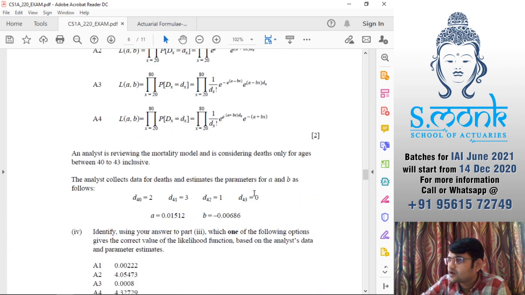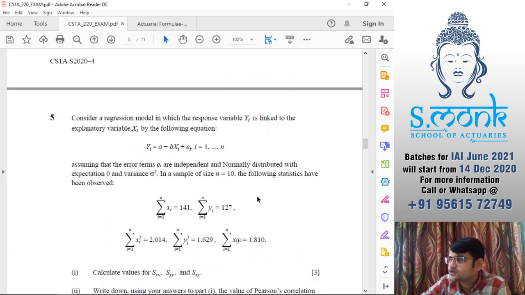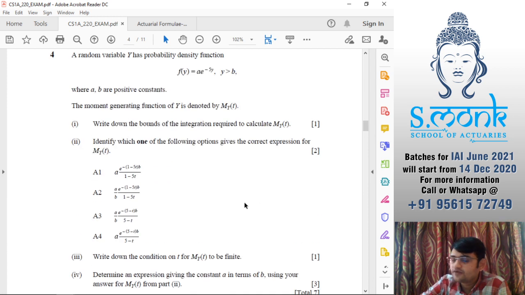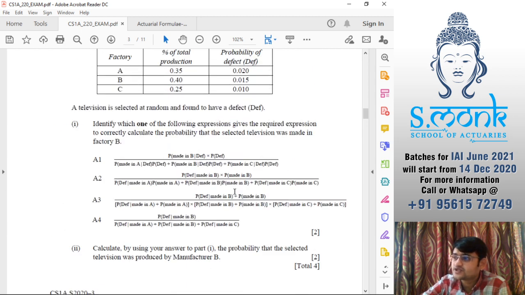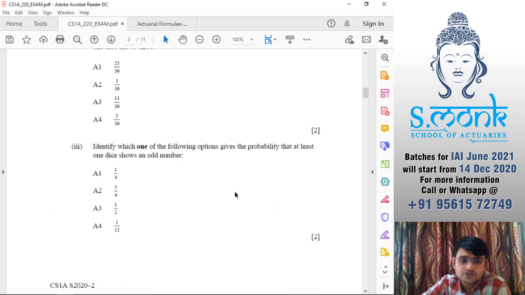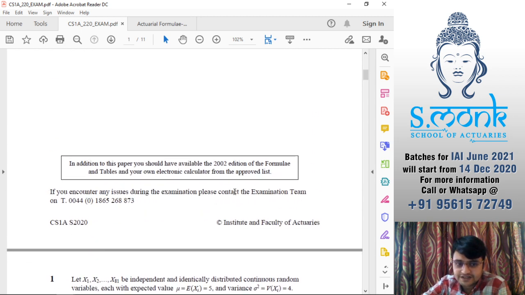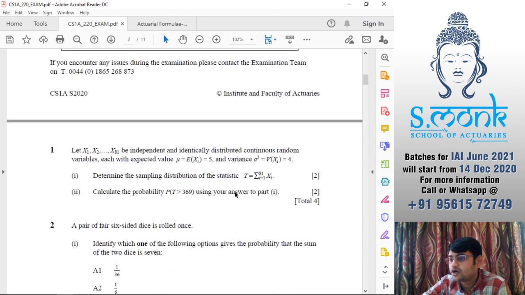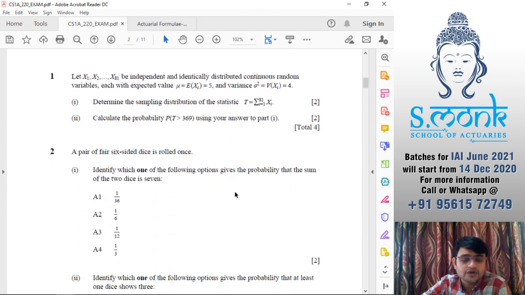Okay, so first of all, this year's UK paper, there were a lot of MCQs. Now I don't know whether the Indian paper will also have MCQs, but I'm expecting yes, because CS1 is one subject where MCQs can be created very easily, and the difficulty level will not be a lot different if you create MCQs.